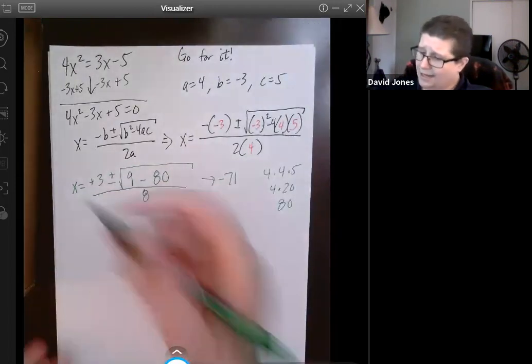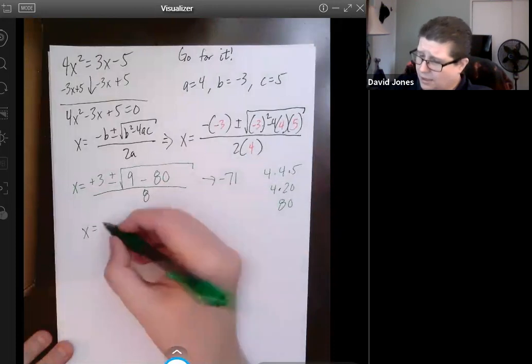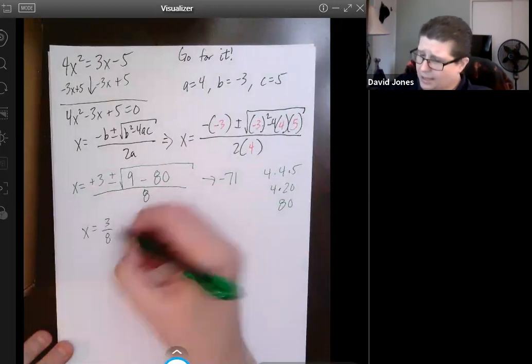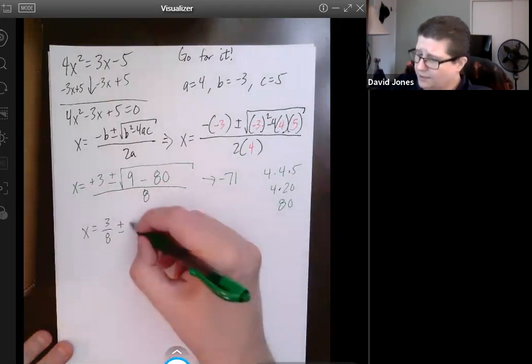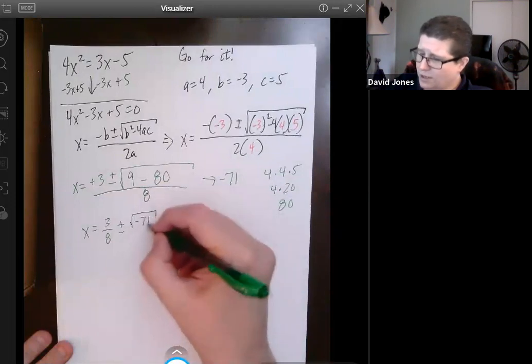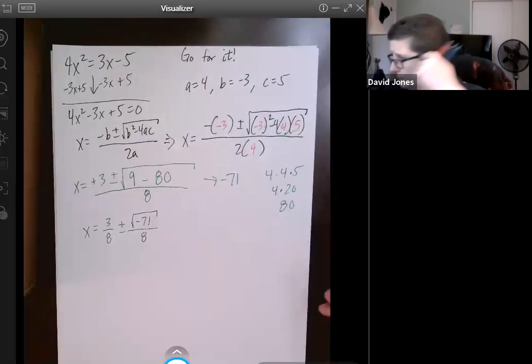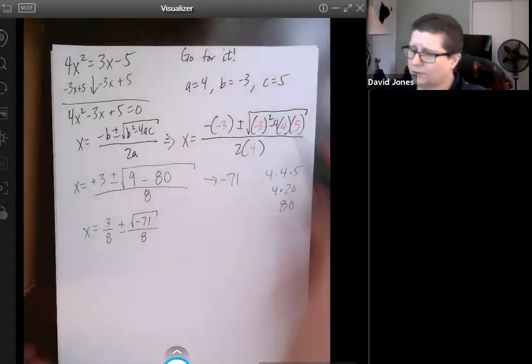So I have x equals 3/8. I can break it up, plus or minus the square root of -71 over 8. And I don't want to leave it with a negative in the radical.